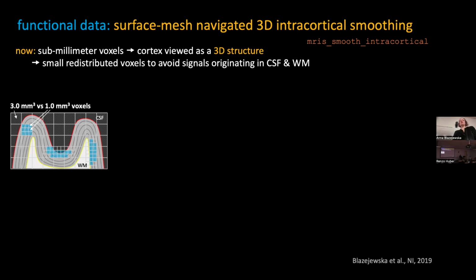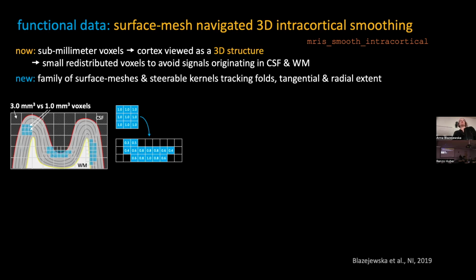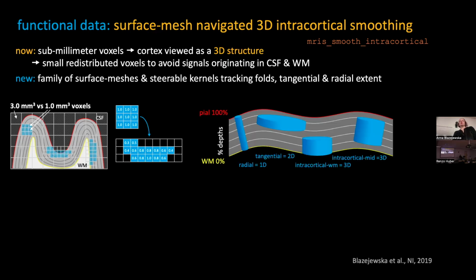And that can help, at least for conventional studies, to avoid signals originating from CSF and white matter, because we don't want the noise and we don't want the white matter where we don't expect to see activation. So we can weight the contribution of these different voxels and smooth like this. This is obviously similar to Renzo's smoothing from LAYNII as well, but what we can actually do here, which we thought was cool, is create kernels that not only follow the folds of the cortex, but can also be adjusted and parameterized both in tangential and radial direction.